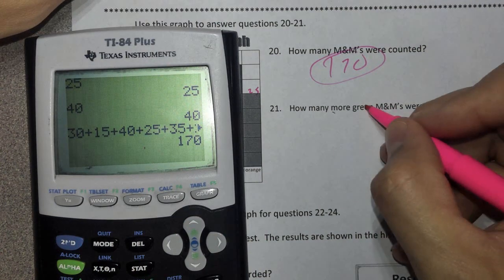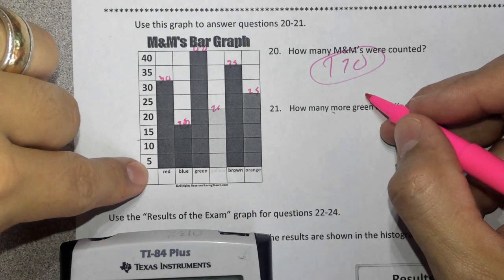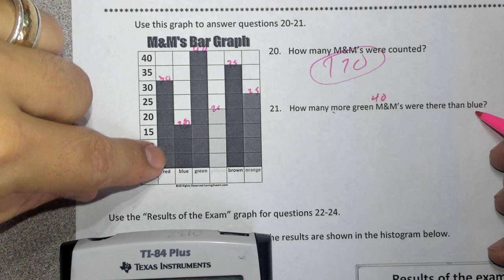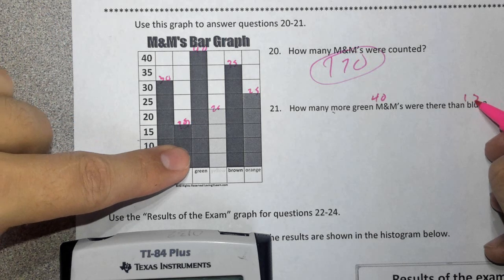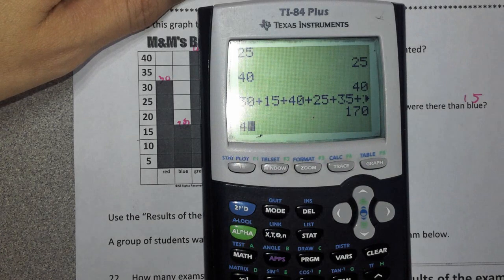How many more greens were there than blues? So my greens, there were 40, and my blues, there were 15. So I subtract those. 40 minus 15, enter, 25.